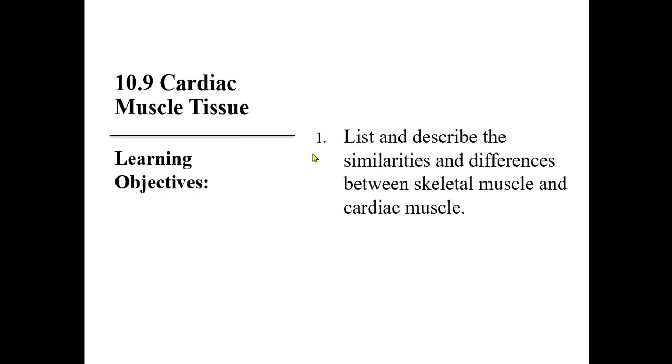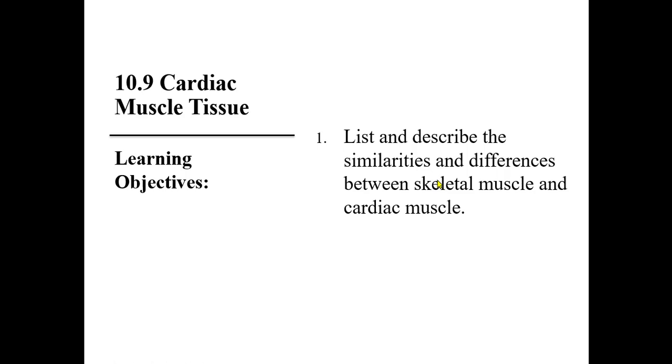Okay, now I'm coming to this slide, cardiac muscle tissue. Instead of me going through all of this, there is a chart found at the end of every textbook about the different types of muscles.